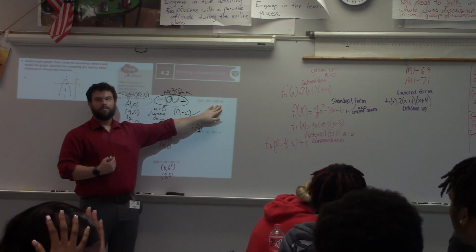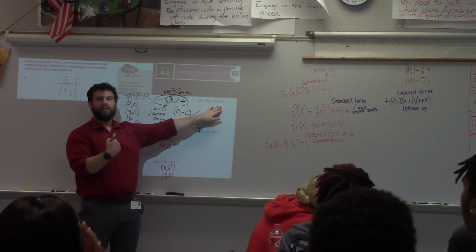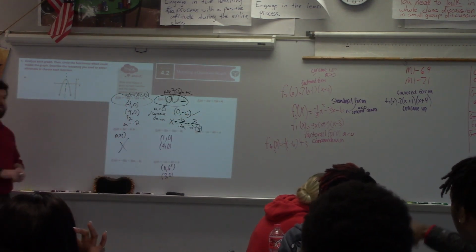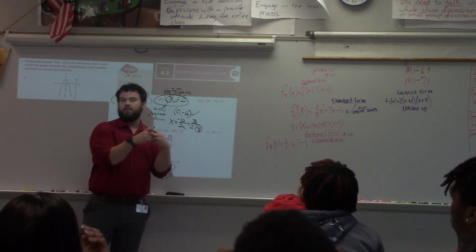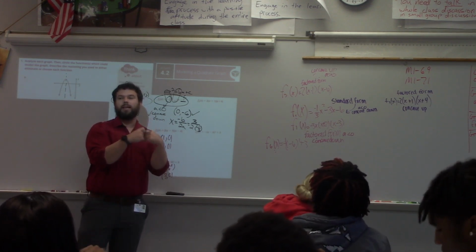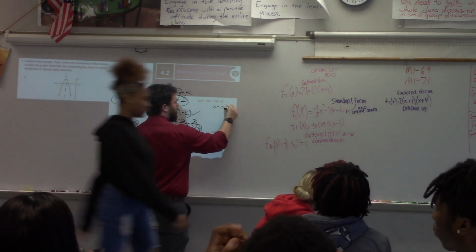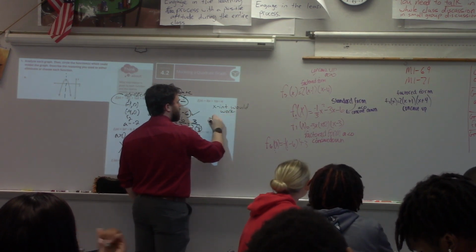Remember, for x minus r1 and x minus r2, I need the opposite. So that would be -1, 0 and -4, 0. So would the x-intercepts work? Yes, but the concavity does not. So x-intercepts would work, but concavity is wrong.